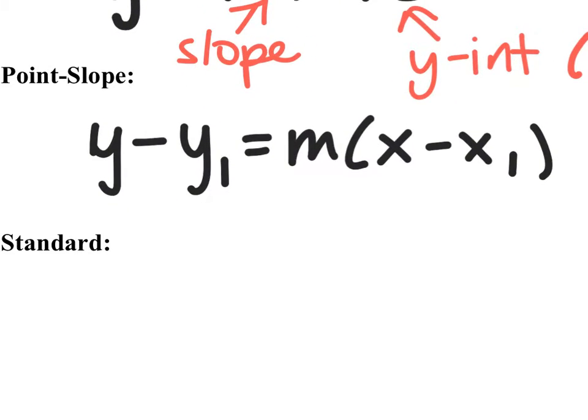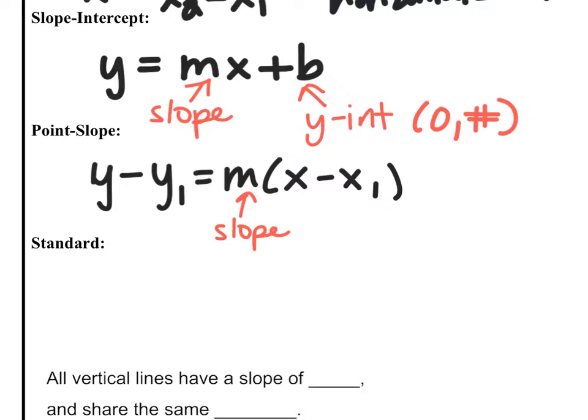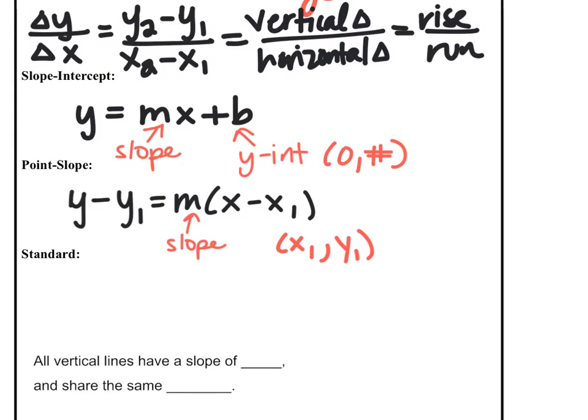So again, let's point out our slope. Let's also point out that we are subtracting x1, y1, which is a point on our line. This is actually pretty easy to graph because, again, you still have a point and a slope, which is the same type of thing as slope-intercept form.